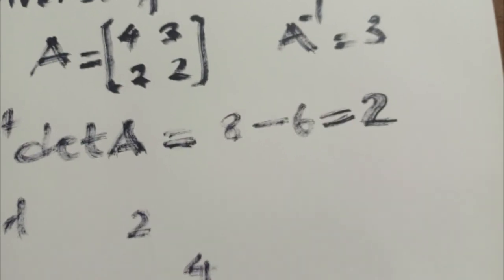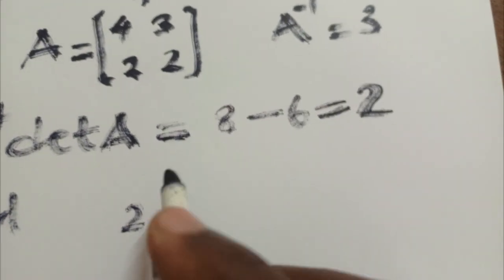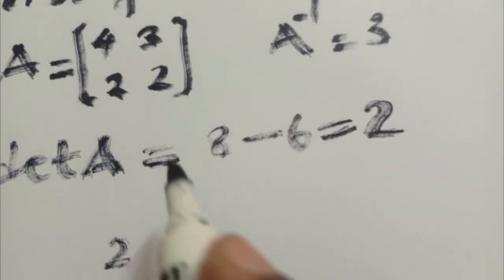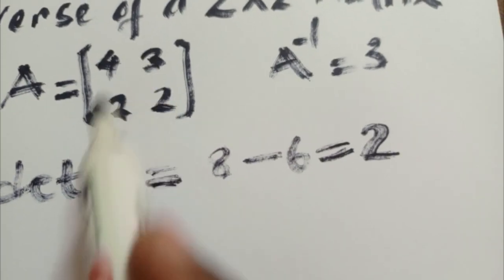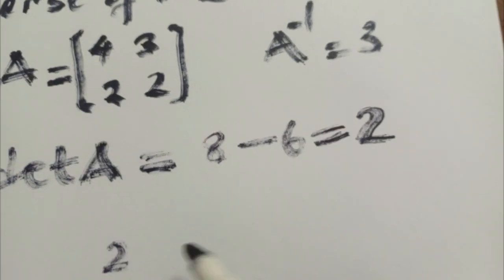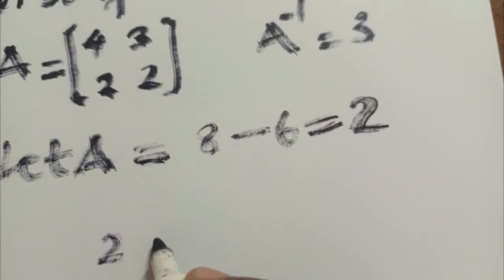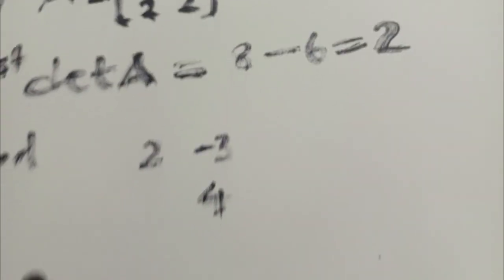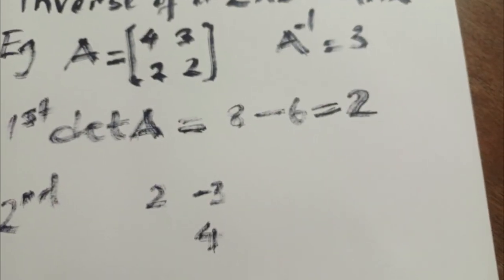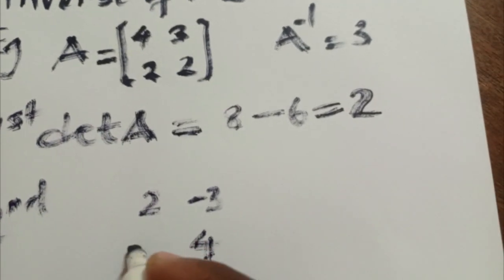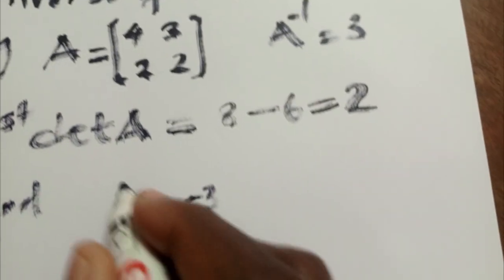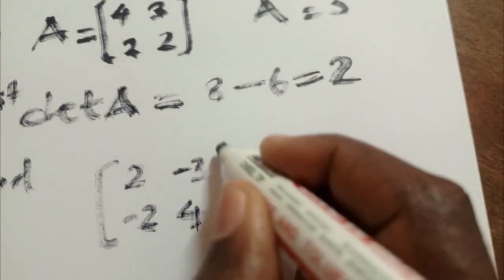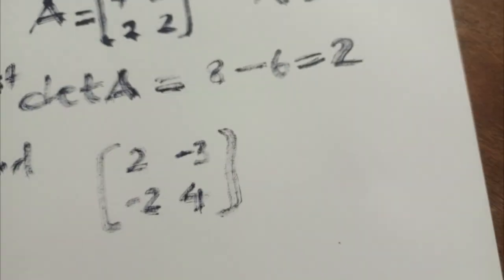So we don't interchange them, but we reverse their sign. In this case, they are both positive, this positive 3 and this positive 2. So reversing the sign means we have negative 3 instead of 3, and here we'll have negative 2. So that's what we have.